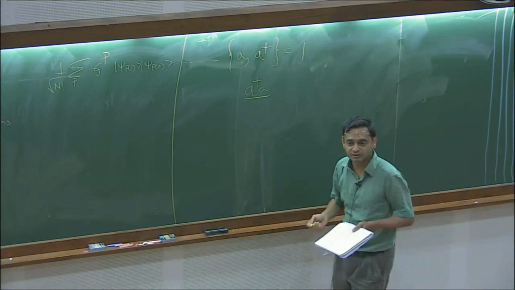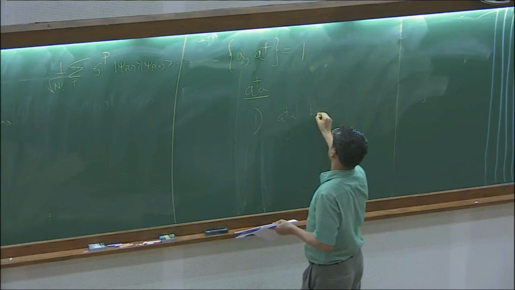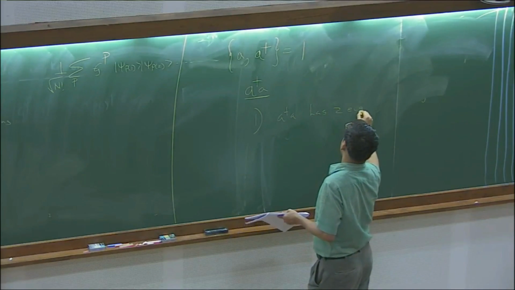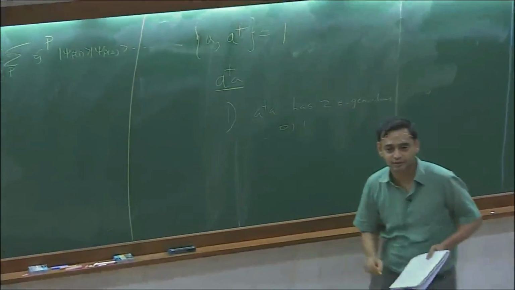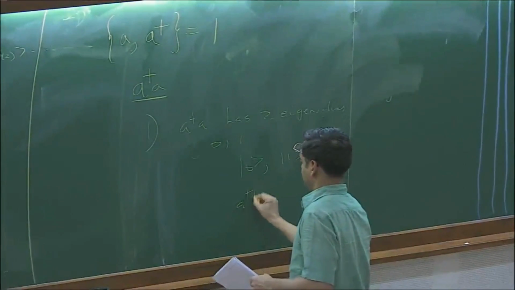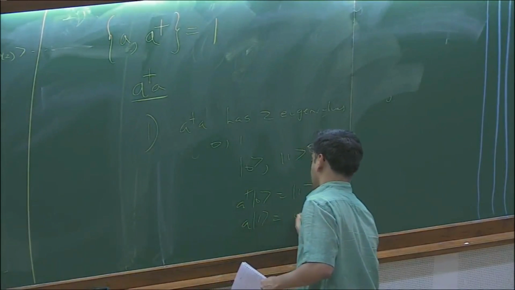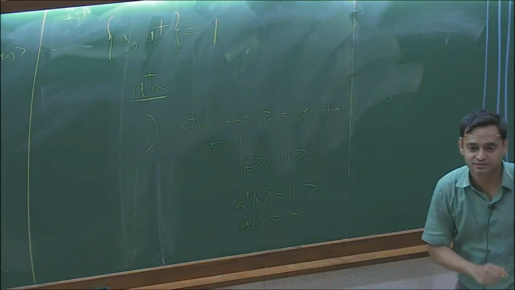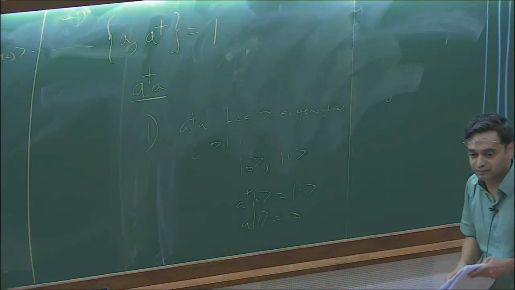It is very easy to say that A dagger A has two eigenvalues, 0 or 1. These states you write as |0> and |1>, and A dagger of |0> is |1> and A of |1> is 0. Exercise: prove this just from this fact. Very easy to do.